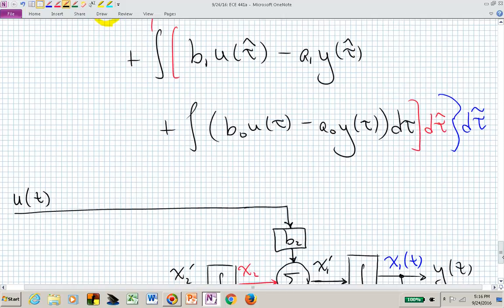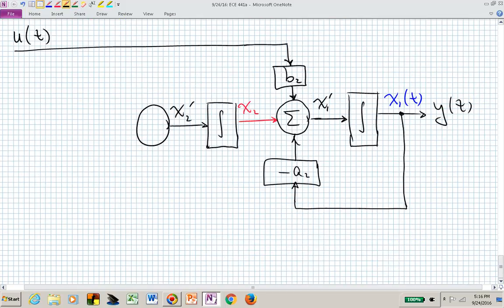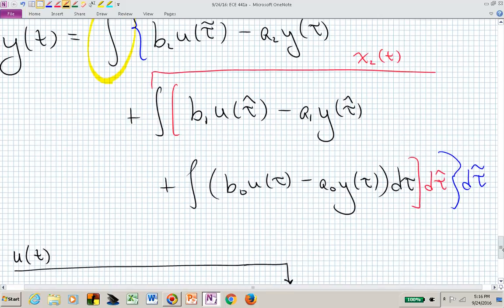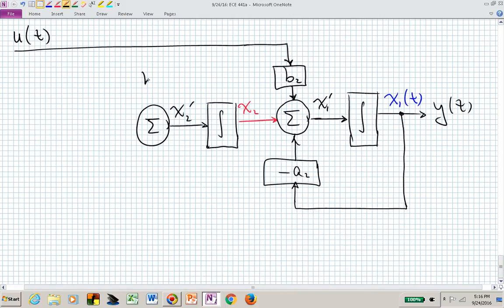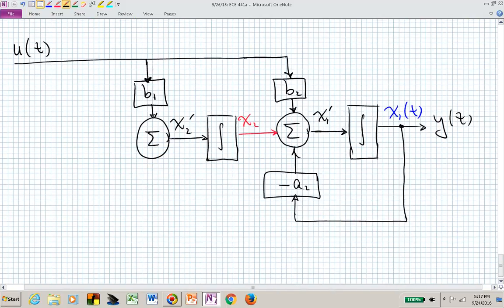And we do the same thing that we did before. This is now going to be something coming into a summing junction to produce x2 prime, and in fact it's b1 that scales u. Then we scale y with a minus a1, and here's y.